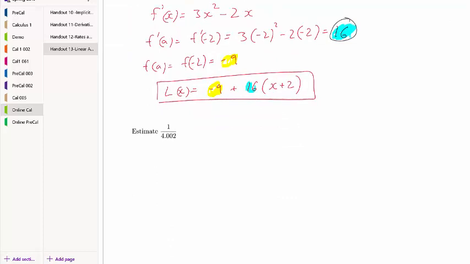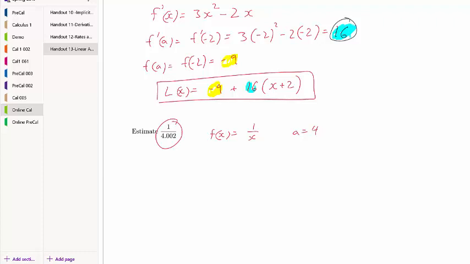So we're going to use the linear approximation to estimate the value of 1 over 4.002. So first thing we have to do is turn this into a function. And so we'll call this 1 over x, and we're going to call our a 4, since that's going to be the easy one to do.